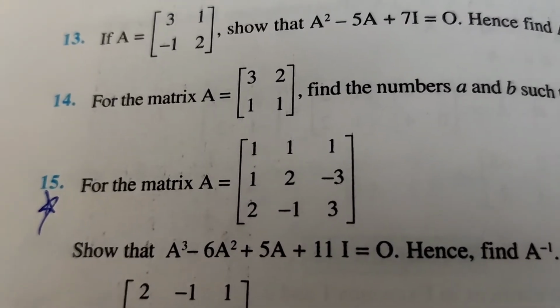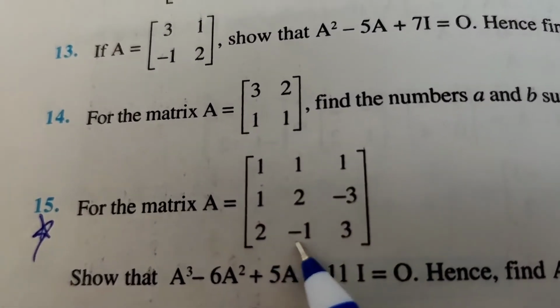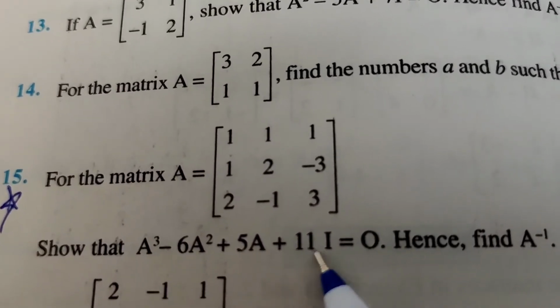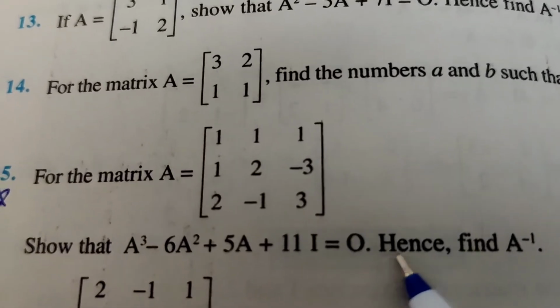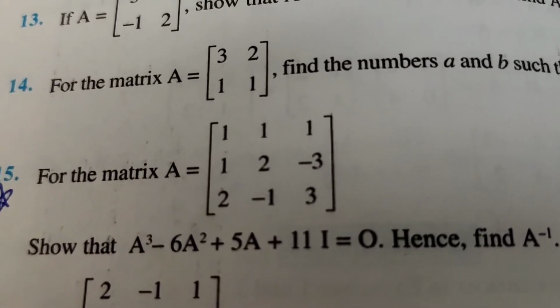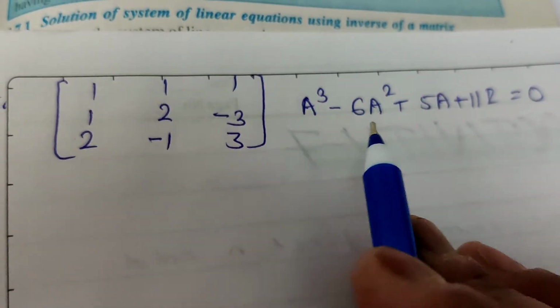Question number 15. For the matrix 1, 1, 1, 1, 2, minus 3, 2, minus 1, 3. Show that A cube minus 6A square plus 5A plus 11I equal to 0. And hence find A inverse. Okay. This is the question. First we have to find the A square.